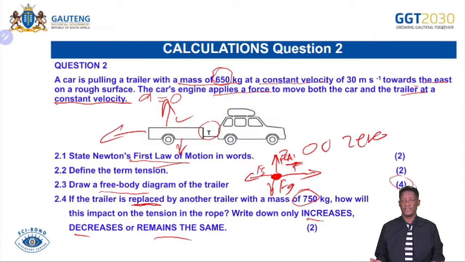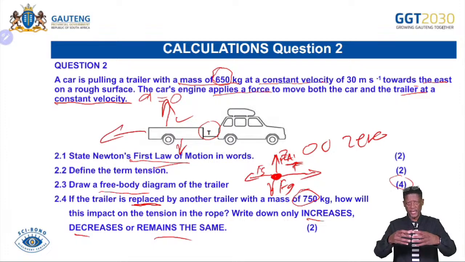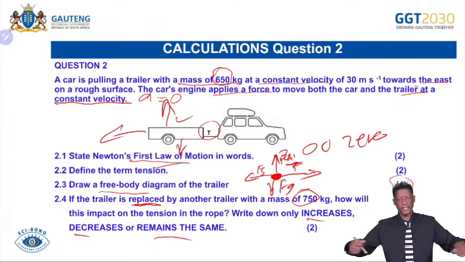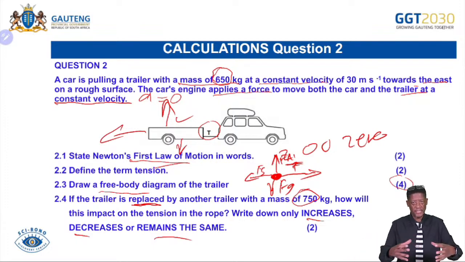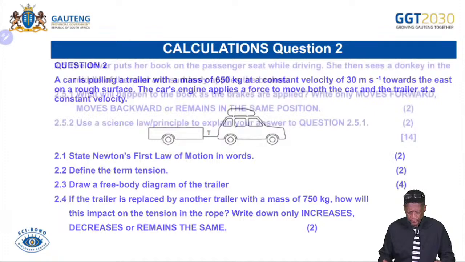This is the free 2 marks. I take this trailer, it was 650, and replace it with the bigger one. What is going to be the tension? Because the mass is now bigger, the answer is that it will increase, because of the mass, isn't it so? That is how you look at it. That's how you read. All right.